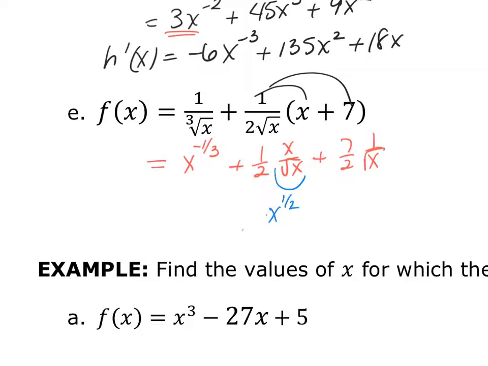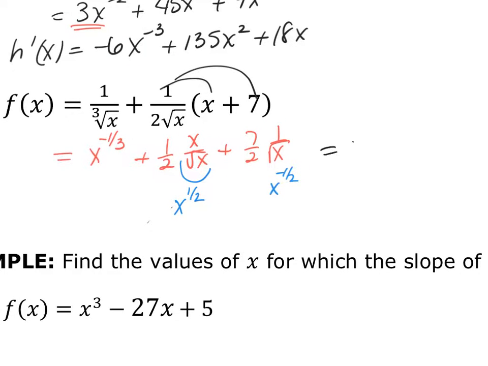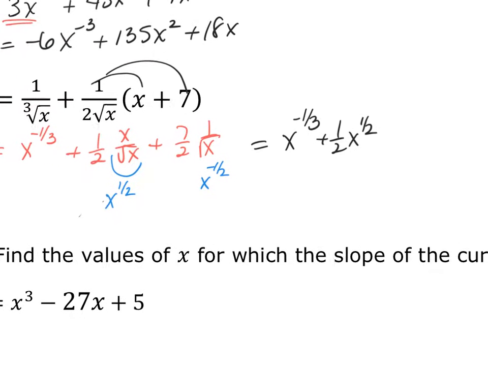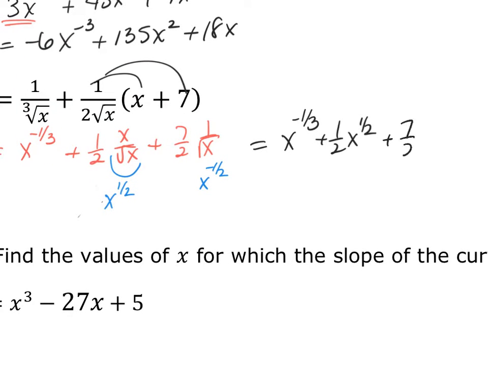So algebraic manipulation is going to be important on this to make our lives easier when we do derivatives. And then I'm going to write this as x raised to the negative 1/2. So what I really have now is x raised to the negative 1/3 plus 1/2 x to the 1/2 plus 7 over 2 multiplied by x raised to the negative 1/2.